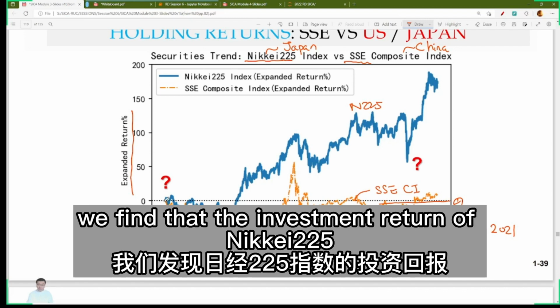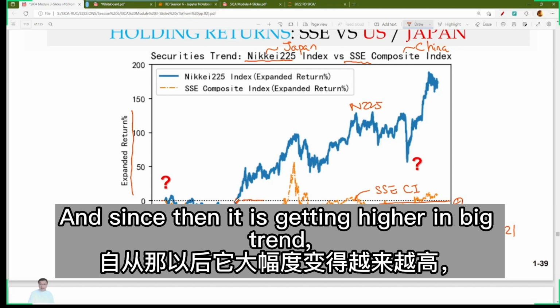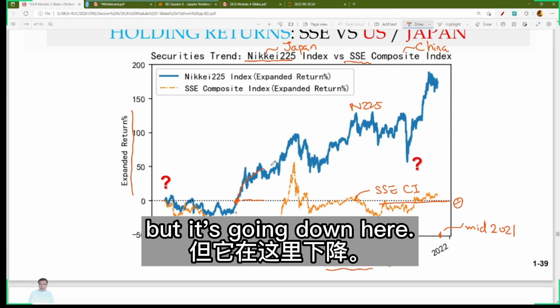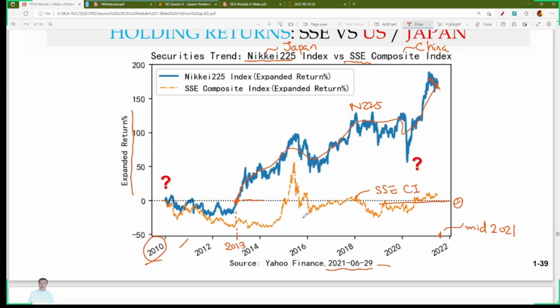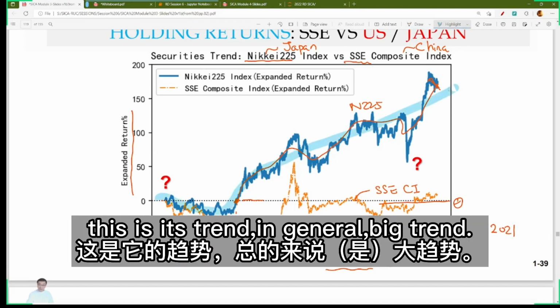We find that the investment return of Nikkei 225 went above the zero line, and since then, it is getting higher in big trends, though it goes down here. Right? In general, its trend is like this. This is its trend, in general, big trends.